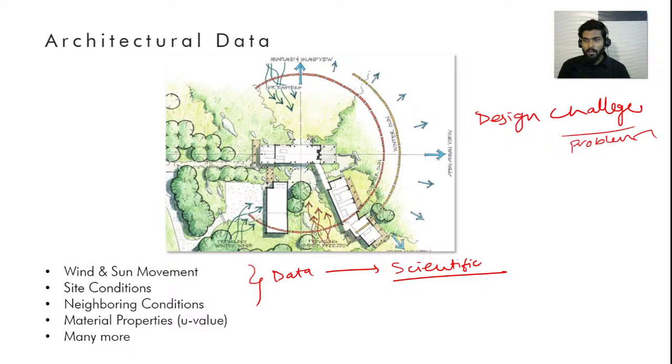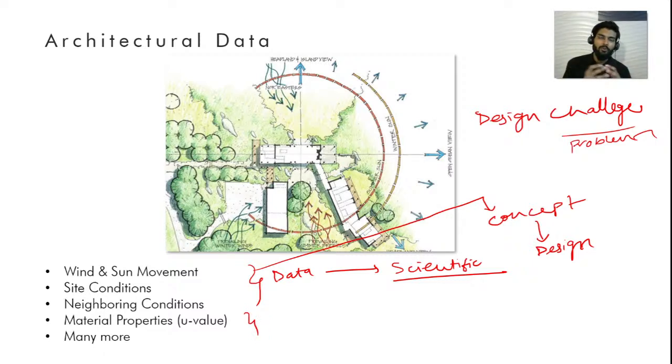And after we have collected all this data, what do we do? We make a design concept and we produce a design. And after we have produced a design, then we worry about things like the materials that we are going to use. How much material, how much heat would that material absorb, or how much would it give out?